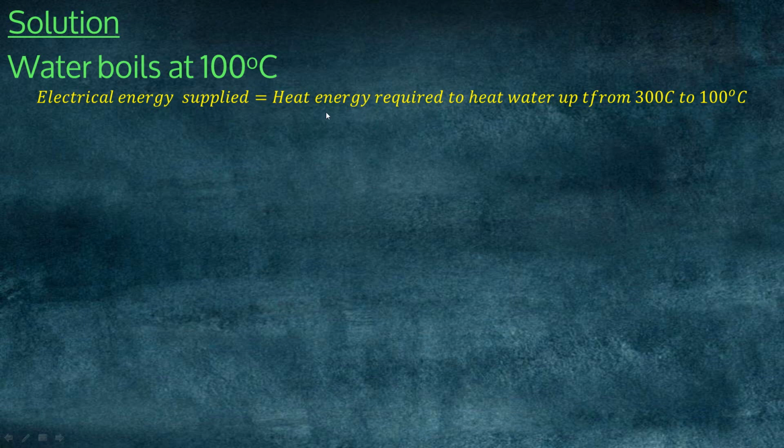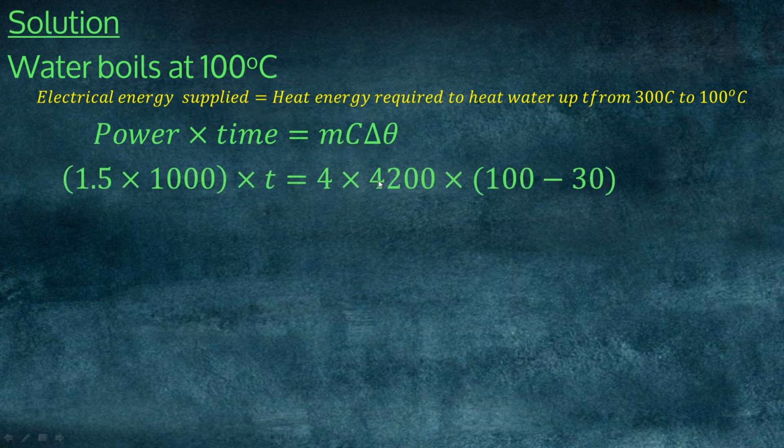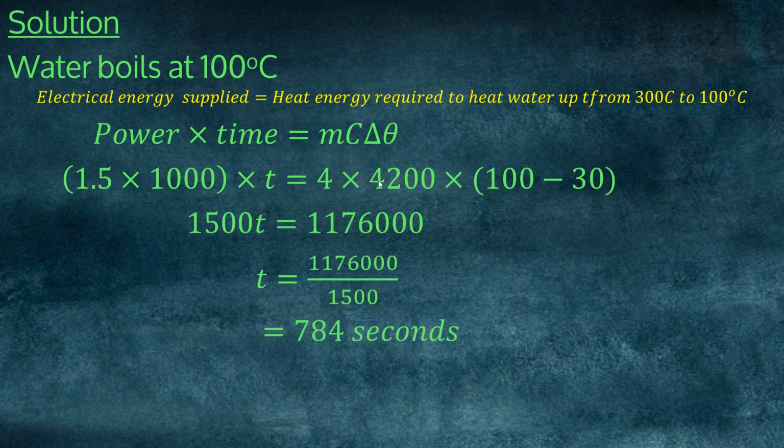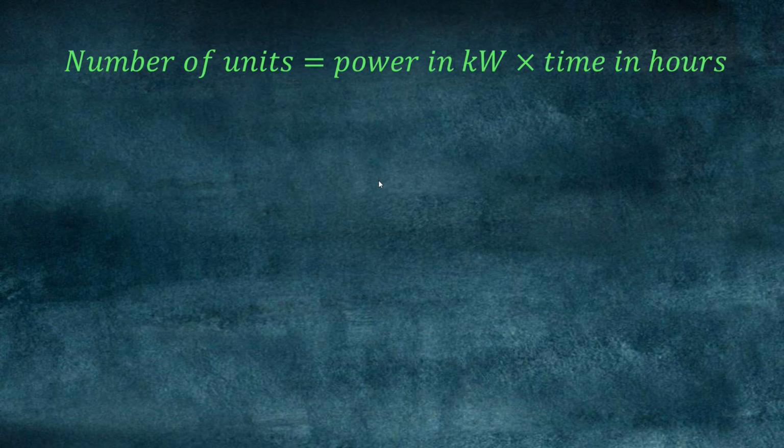Please forgive me for the error there. So the electrical energy, power times time, should be equal to mc delta theta. I've explained that. And you're going to end up with T equal to 784 seconds. Those are the seconds. You can convert that to minutes or to hours, no problem.